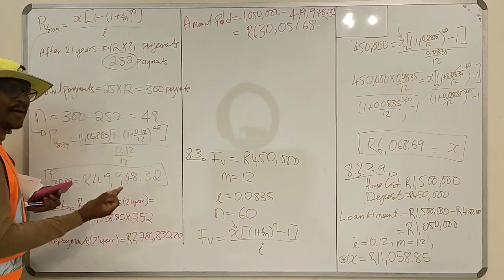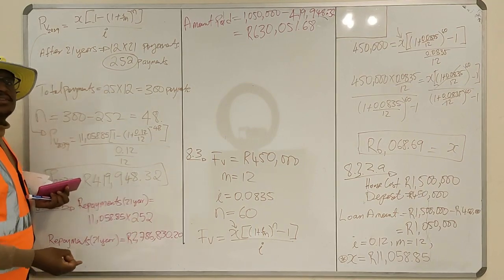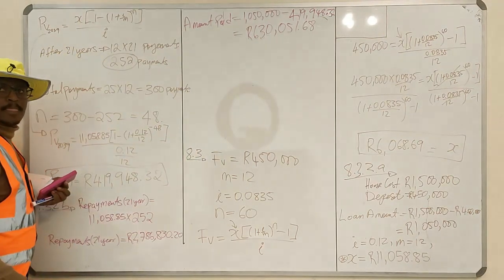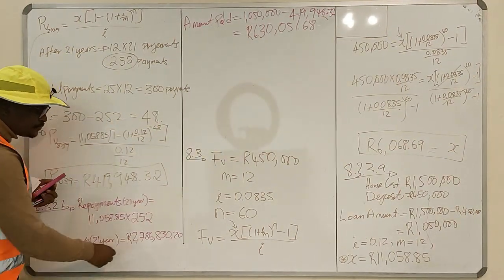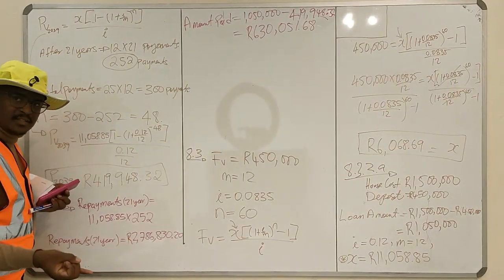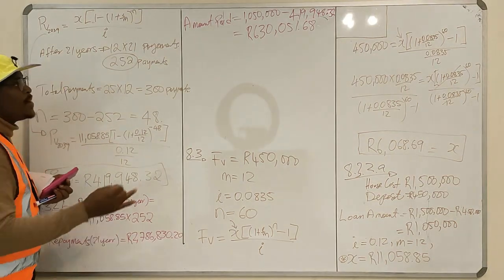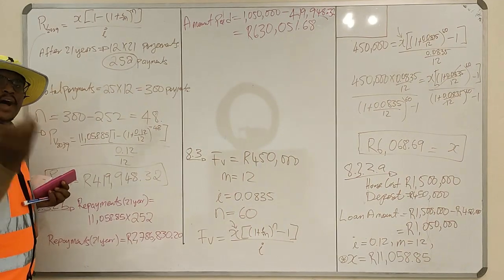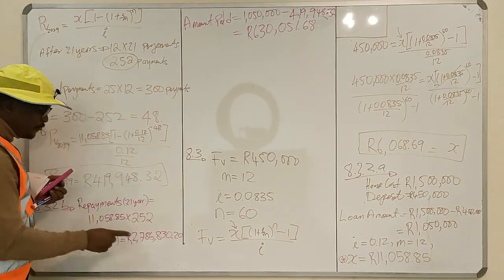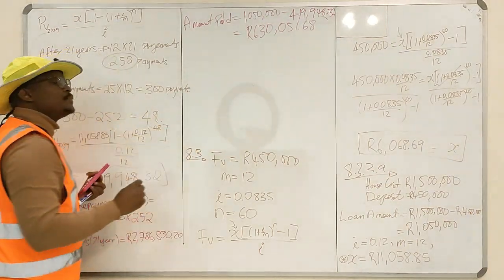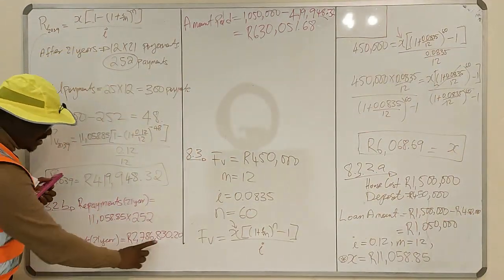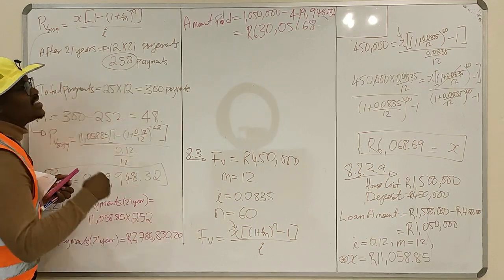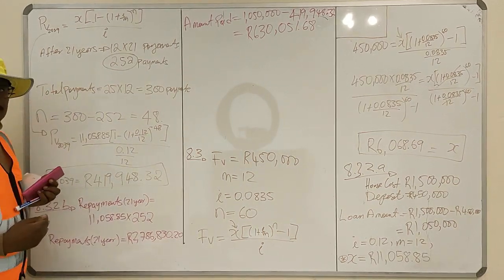It's the interest paid plus the amount he reduced the loan amount by. So if you find the difference between this and that, then you will get the interest.